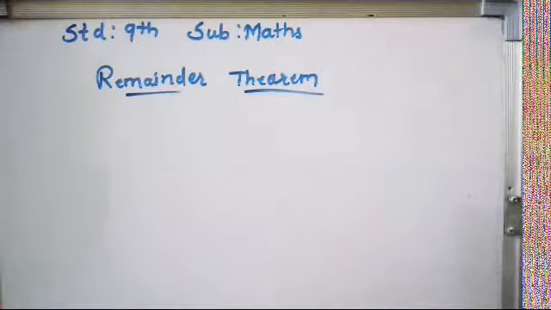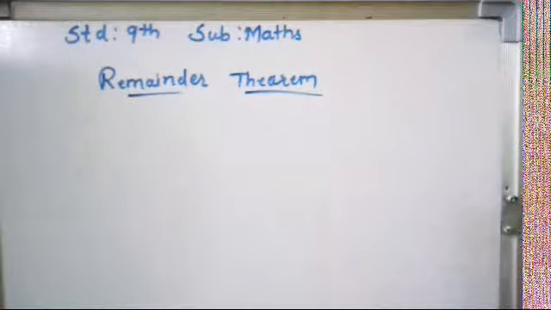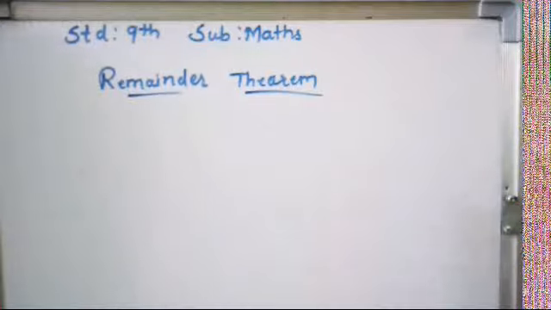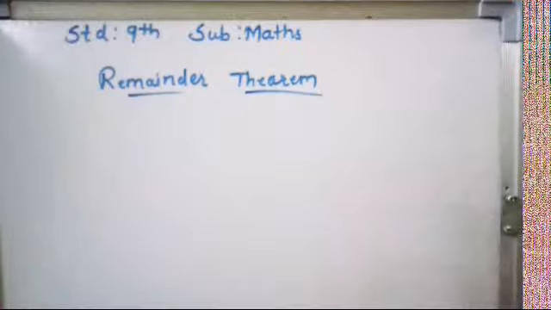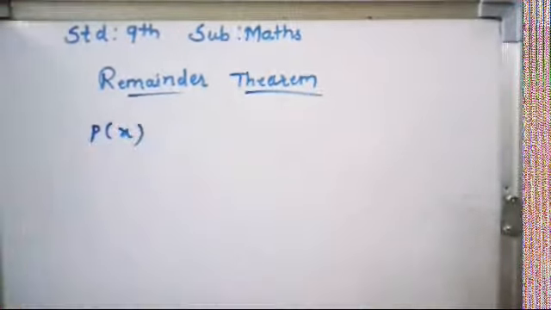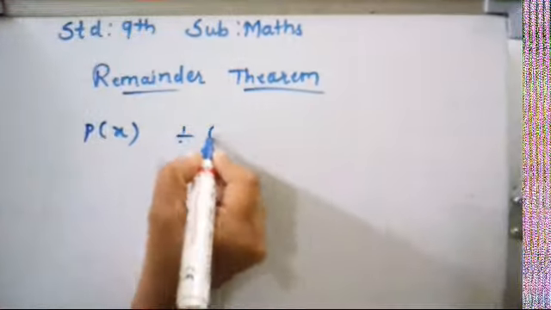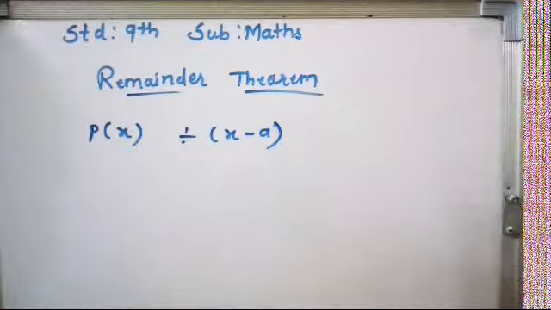Good morning everyone. In today's video we are going to see the remainder theorem as well as the factor theorem. So first of all, the remainder theorem. What is this? Suppose p of x is a polynomial and it is divided by x minus a.